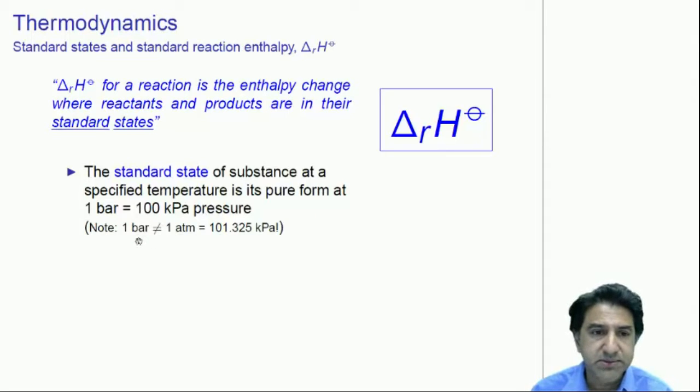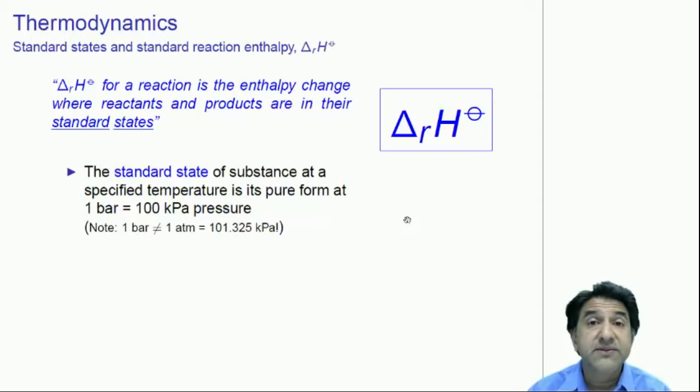Note, 1 bar pressure is not 1 atm, it's 101.325 kilopascals, that's 1 atm. The bar unit of pressure is derived from the triple point of water, but we won't go into that. So that's the standard state of a substance.